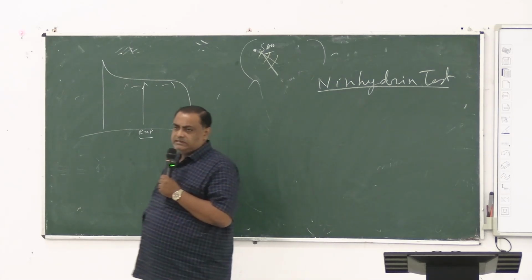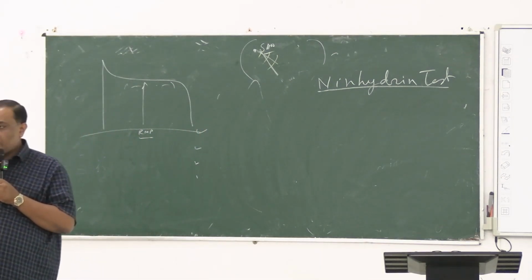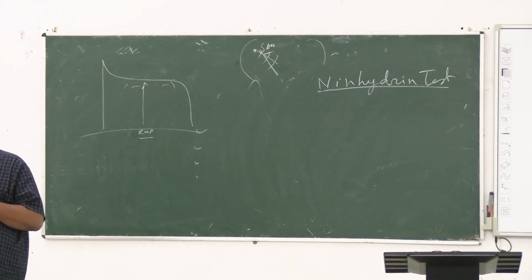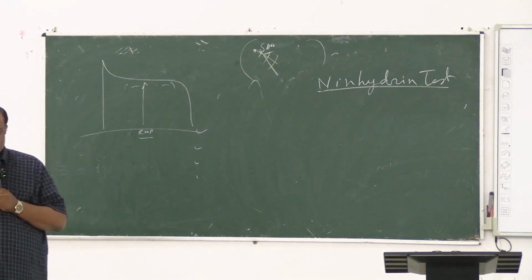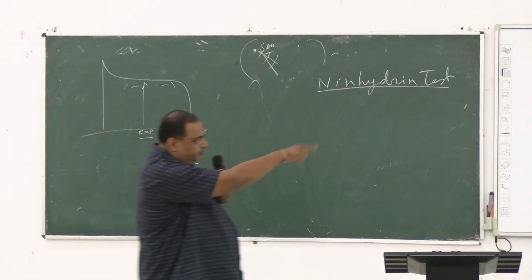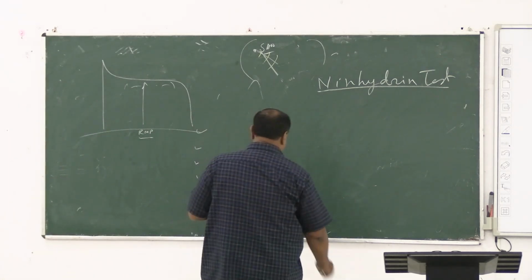This particular test is specific for amino acids, for the free amino group. Two ninhydrin molecules get condensed to form this big compound.